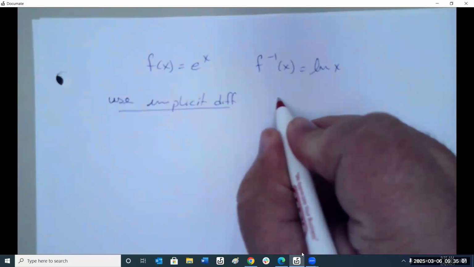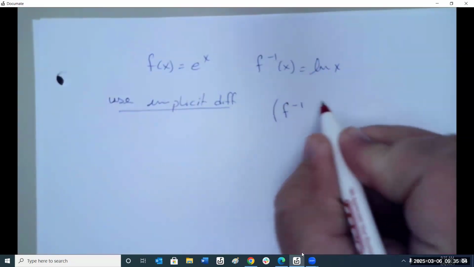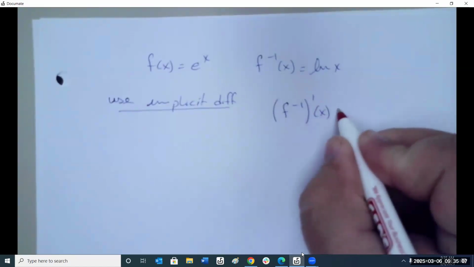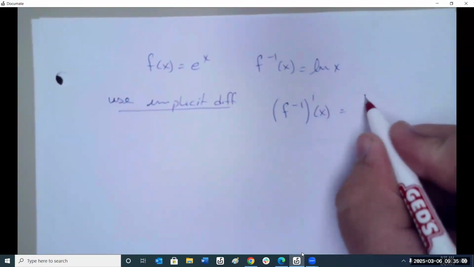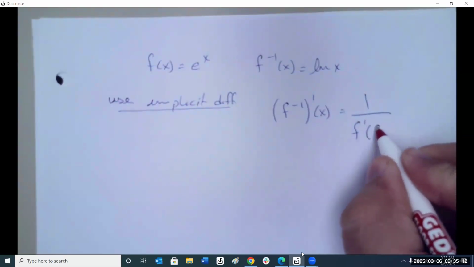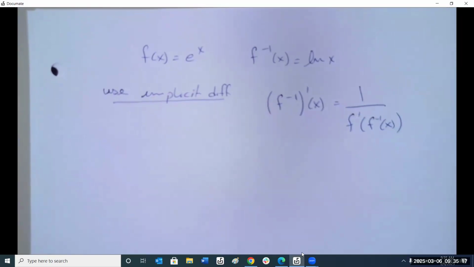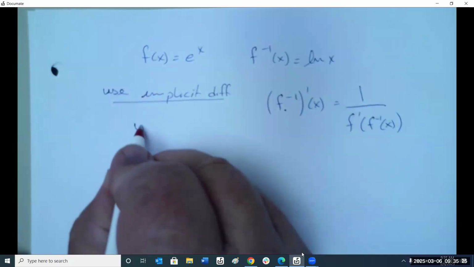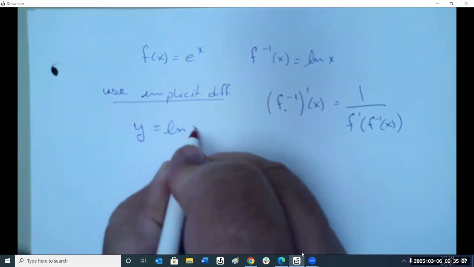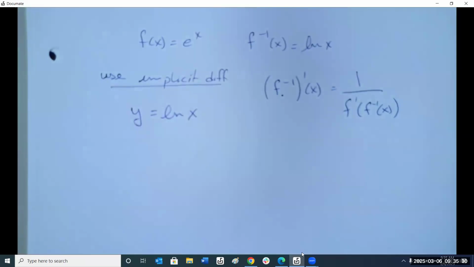We're trying to prove this. So the inverse function, we're saying that y is equal to ln x. And remember, we're only taking it for all the positive x's. There's no negative values.